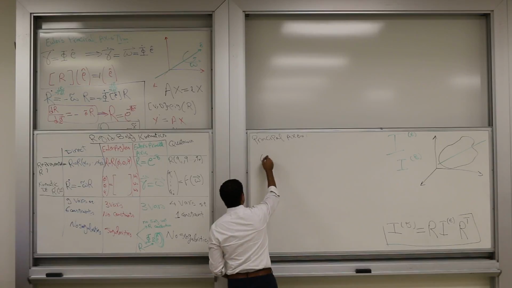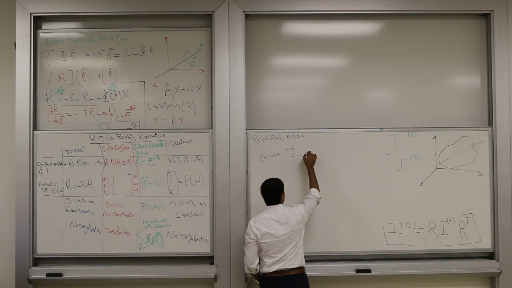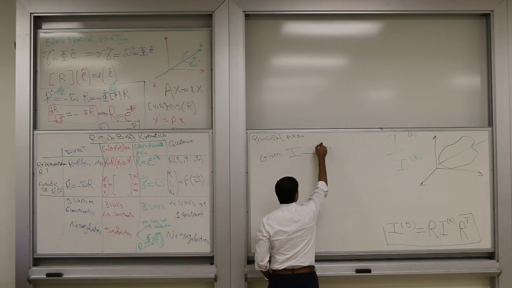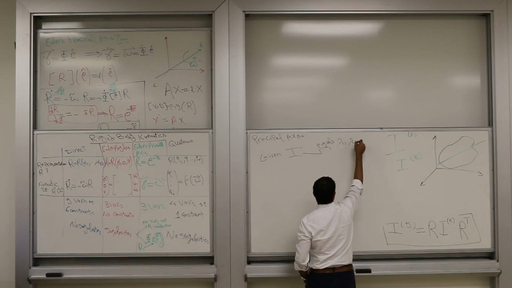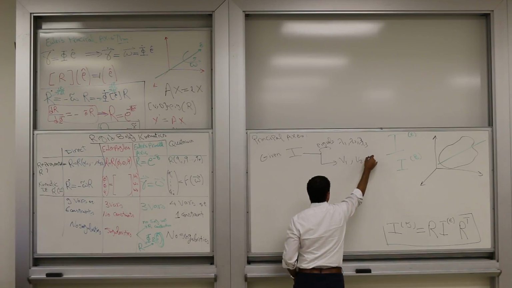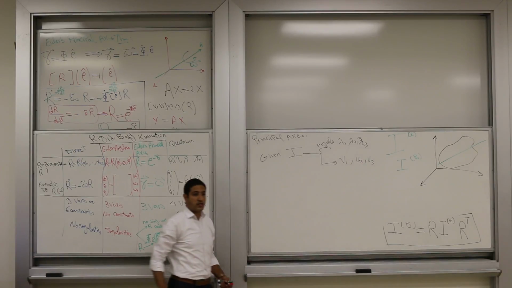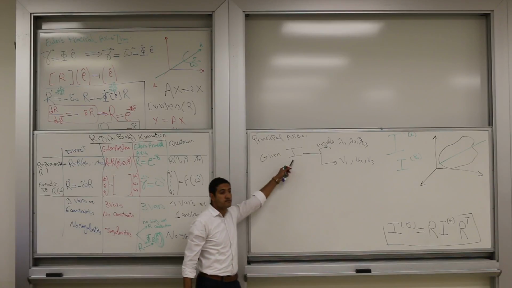So given some I, please get its eigenvalues, right? Lambda 1, lambda 2, lambda 3, these are the three eigenvalues. And the corresponding eigenvectors, V1, V2, V3, these are the results of the MATLAB command eig of I, right?